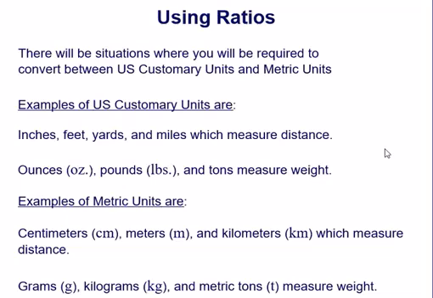Examples of U.S. customary units are inches, feet, yards, and miles, which measure distance, and ounces, pounds, and tons, which measure weight. Examples of metric units are centimeters, meters, and kilometers, which measure distance, and grams, kilograms, and metric tons, which measure weight. Here in the United States, we're using the customary units, but the metric units are used in places like Europe and other countries.